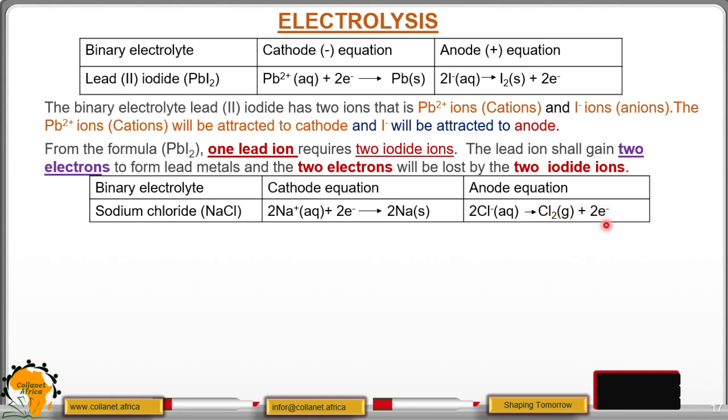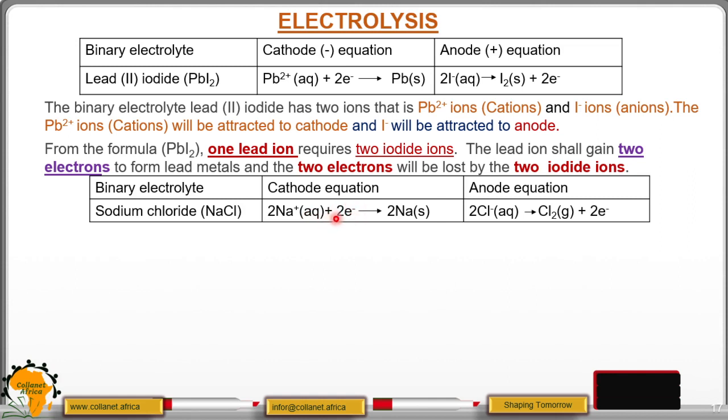The lost 2 electrons will be gained by the sodium, because sodium is in group 1 and has a valency of 1. Therefore, 1 sodium ion will gain 1 electron. But since chloride lost 2, we need 2 electrons here.